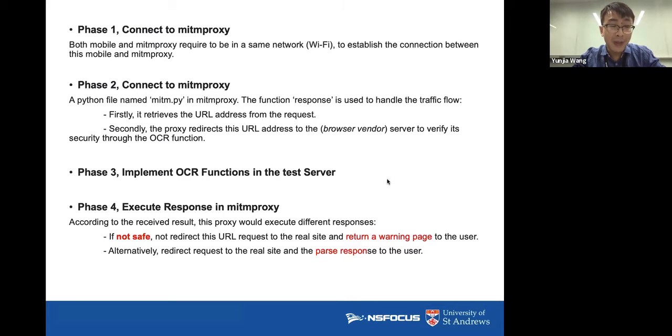A Python program is called in this proxy. The response function is used to handle the traffic flow, capture the network traffic from the server, retrieve the URL address from the request, and then redirect this URL address to the server for the OCR verification.